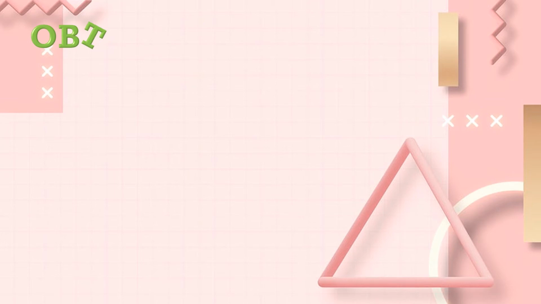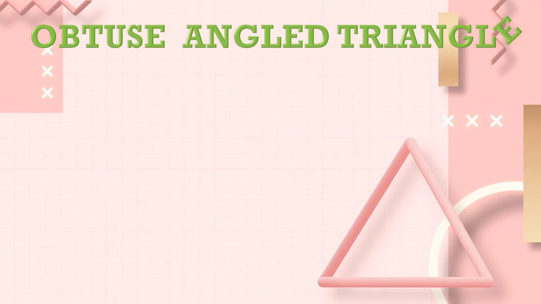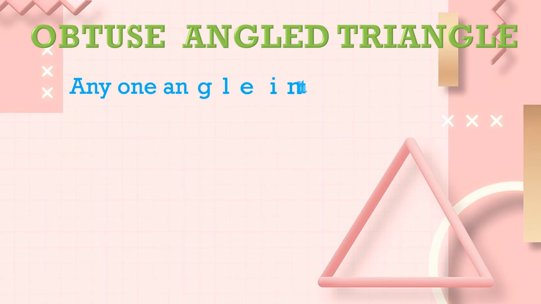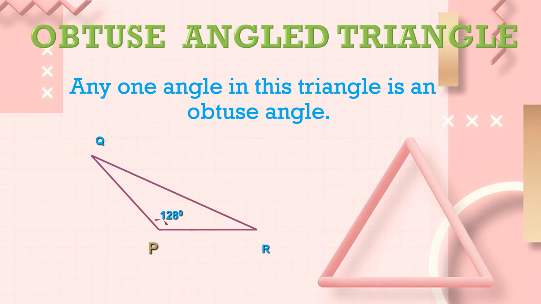So now the next type of triangle on the basis of angles is the obtuse angled triangle. As the name suggests, an obtuse angled triangle is a triangle in which any one angle is an obtuse angle.